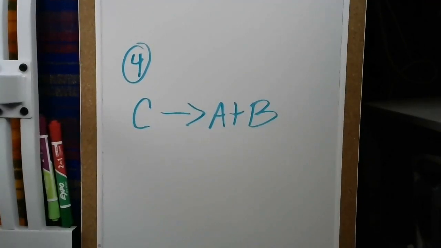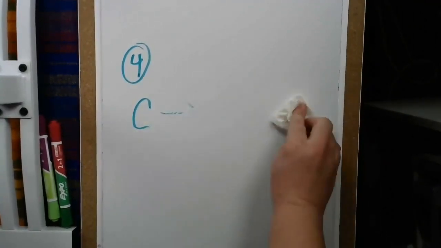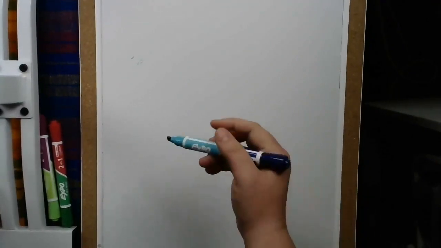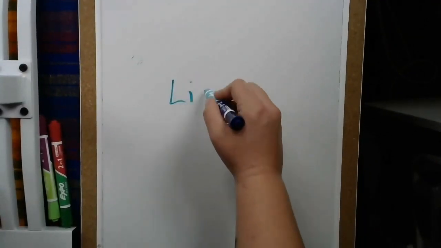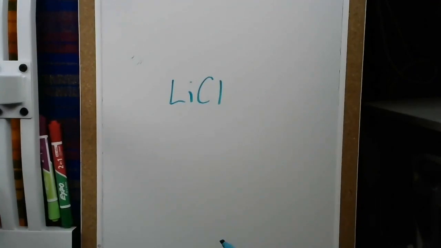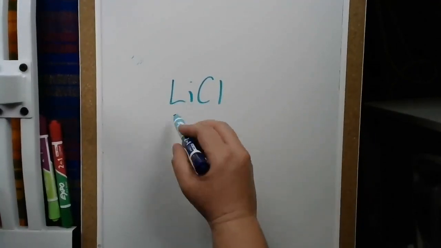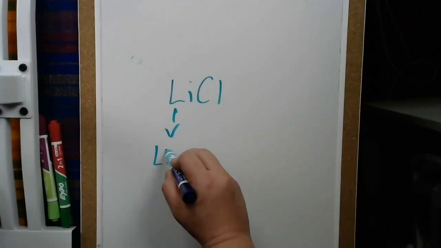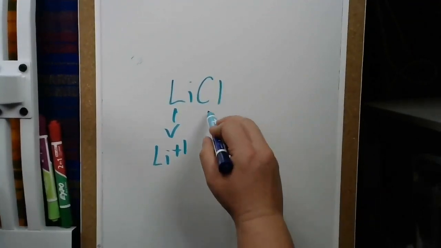Number 5, true or false: for the compound lithium chloride, the chloride ions are cations. All right, so let's look at lithium chloride. We would have lithium and chlorine. Lithium has a +1 charge because it's in group 1.